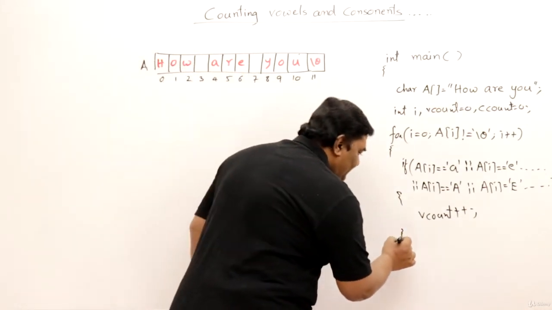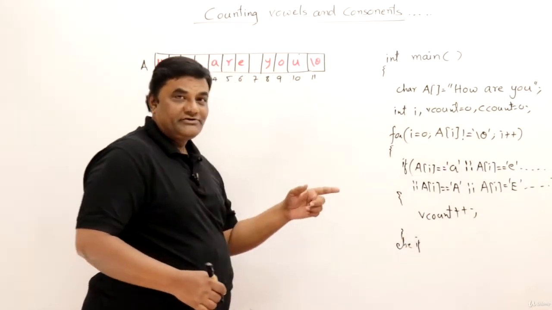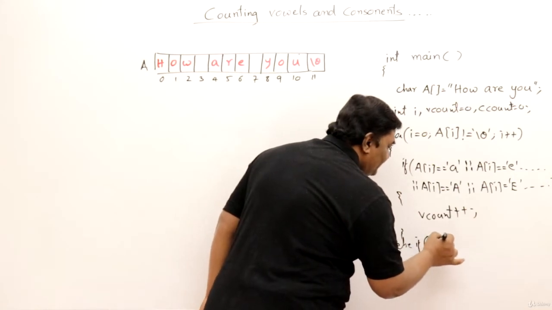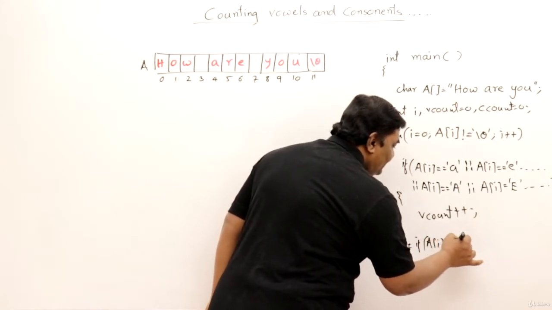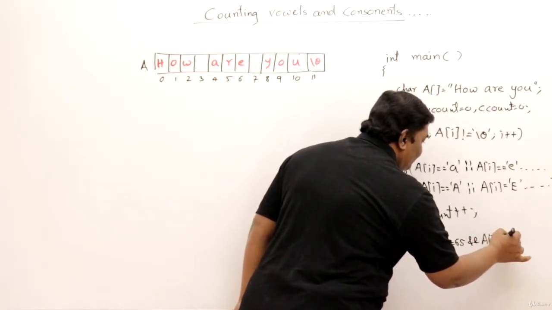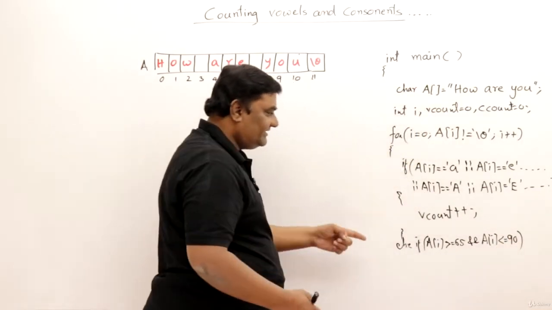So here I will continue writing else if, and make sure that it is within a range. a of i should be greater than or equal to 65 and a of i should be less than or equal to 90, right? It should be within this range.